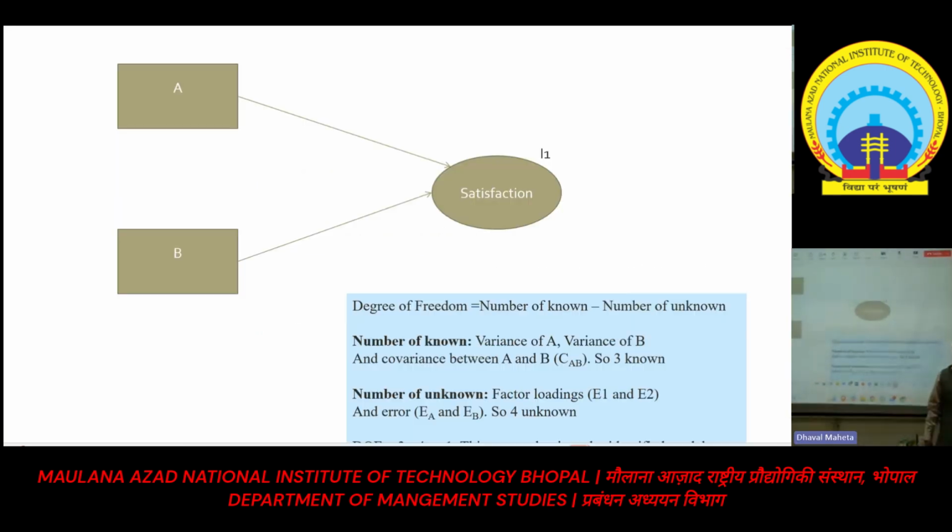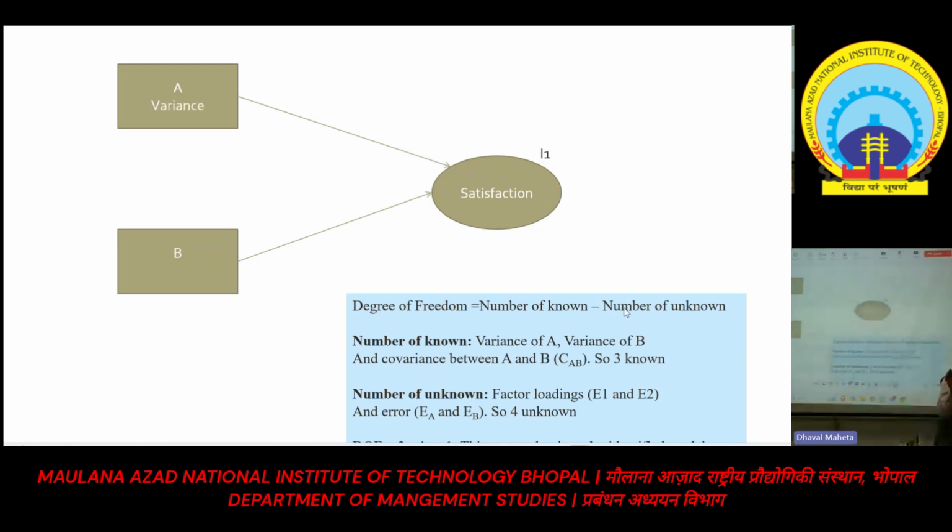Now let's understand from the angle of AMOS. Just see here. Satisfaction is captured with the help of how many statements? 2, A and B. With me, how many knowns are there? I'll make you recall. Is the standard deviation of this available? Is the variance available? Yes or no? Yes. So let's count. How many knowns are there?